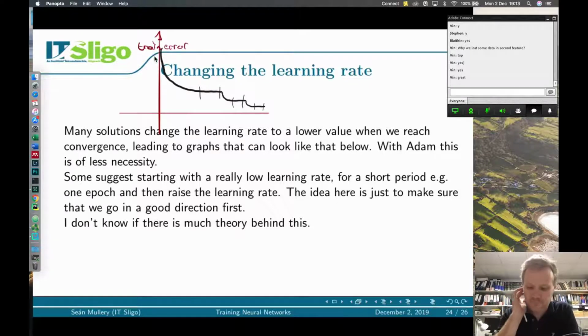Now, if you're using the Adam optimizer, this generally isn't necessary, because Adam changes its learning rate depending on what the individual weights are and the gradients. So if it's not seeing a change in the gradients, it starts to do this in some manner anyway.